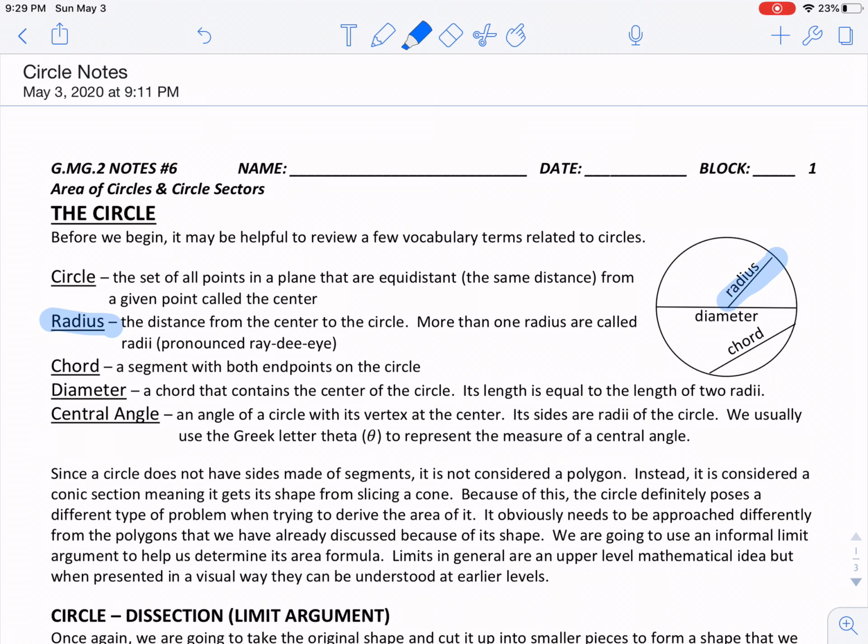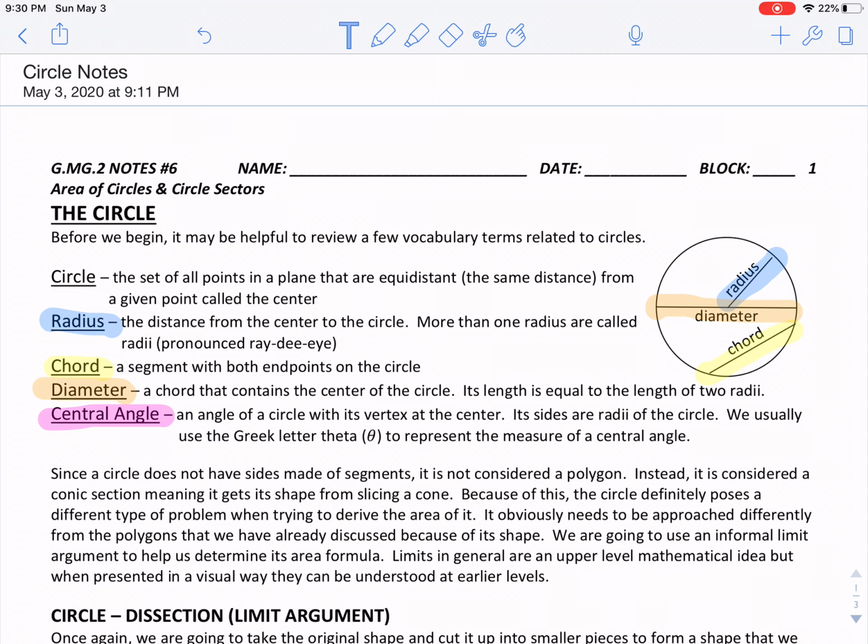And the central angle, that's kind of what we talked about before. If you remember when we did arc length, it's just the angle formed by 2 radii of the circle. Notice there's a whole lot more text down there. Basically what it's saying is that a circle is technically not a polygon because it doesn't have straight sides.